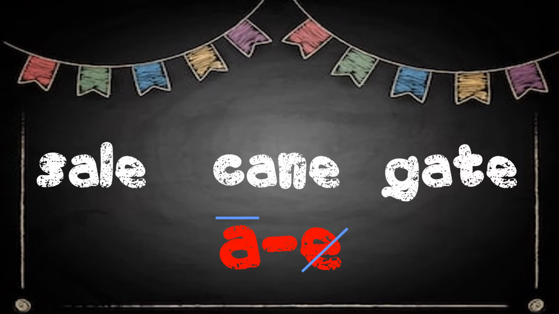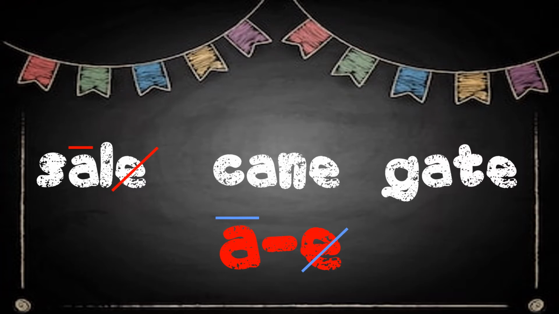That's right, we see the letter A. Do you see a sneaky E? Let's cross out sneaky E because it is silent. What does the sneaky E do to the A? It makes the A say its name. It sneaks behind the consonant and scares the A into saying its name.